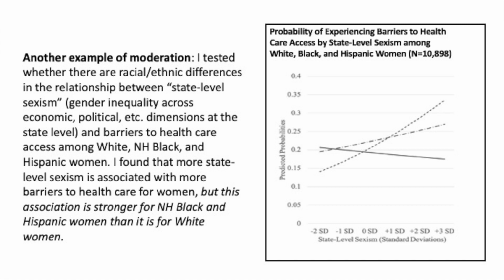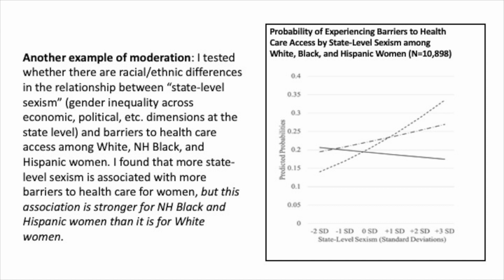So in this particular research project, I was looking at the relationship between state-level sexism, so what I'm calling it, and that is a combination of multiple state-level measures that capture gender inequality across, say, economic conditions. So one of the measures we use is the gender pay gap, for example.